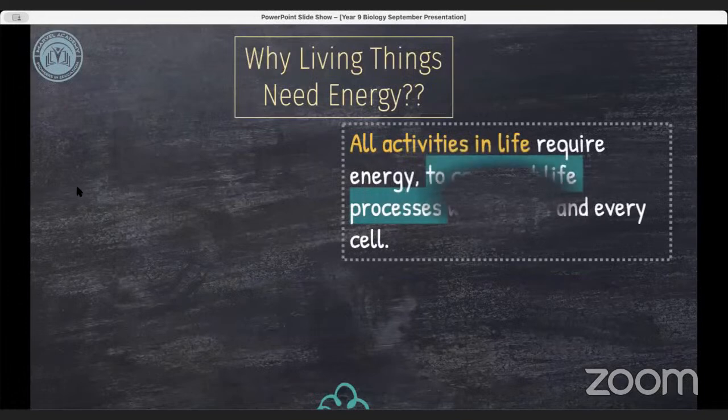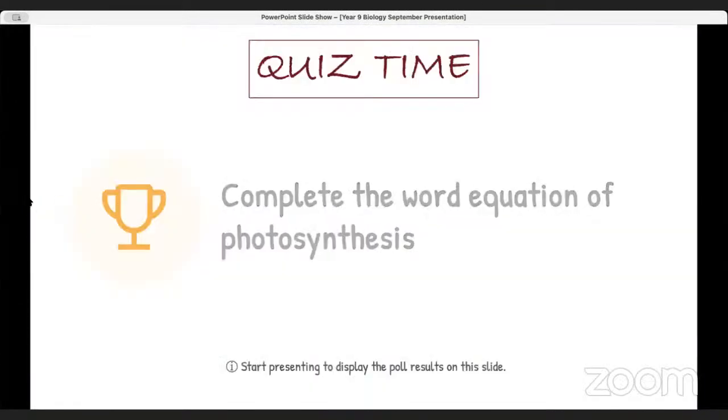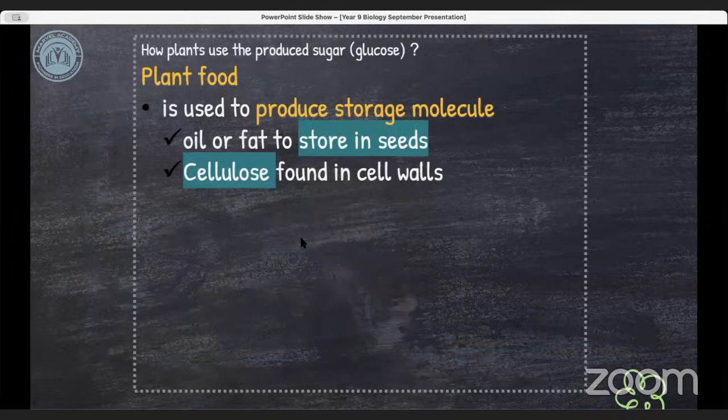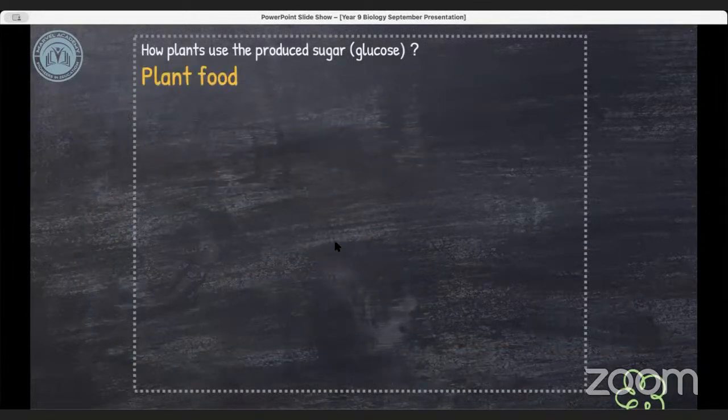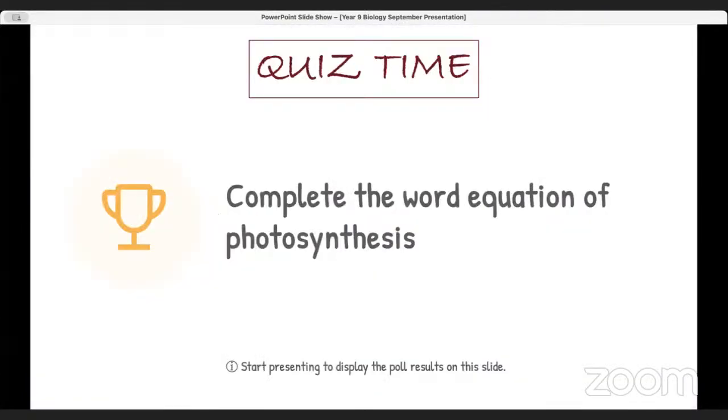What's the answer going to be here, children? Carbon dioxide. Can you remember? Yes, very good, I got the answer from a student. Plus water gives glucose plus oxygen.